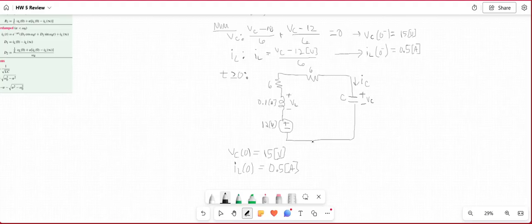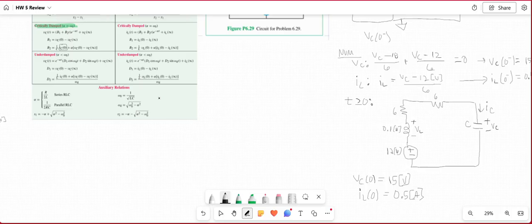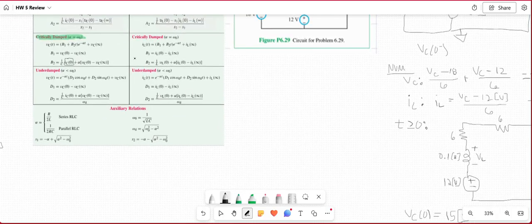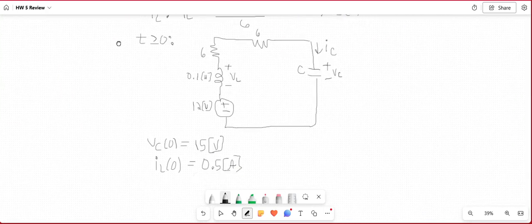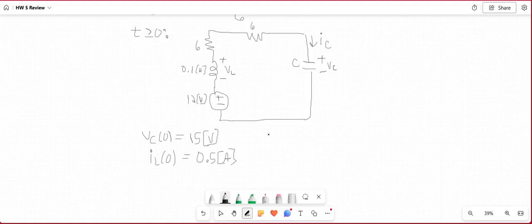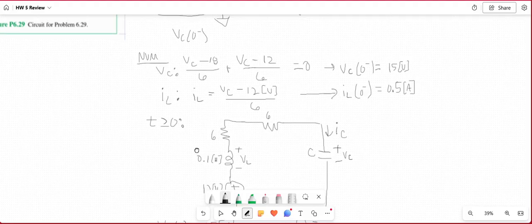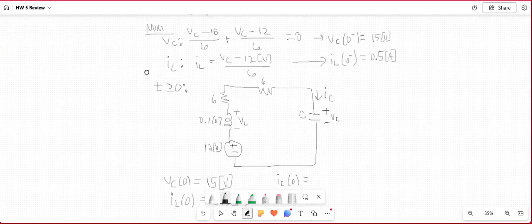Okay. Now, because we're dealing with the DC, right? We want VC of t, so we need IC of 0. That's this. So IC of 0 equals, oh yeah, and IL was coming down.